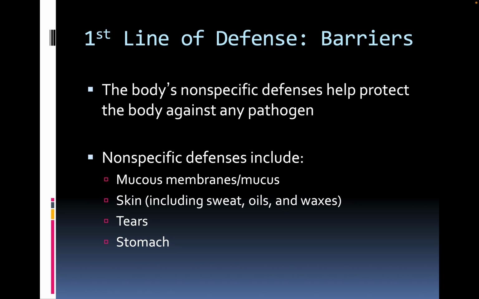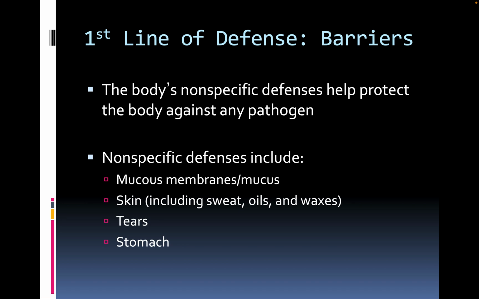Your skin obviously is a barrier and keeps things out, but even your skin's byproducts like sweat, oils, waxes, those are going to keep things from getting inside your body. Your tears, and even your stomach itself with its high acidity or low pH is designed to destroy anything that might make you sick.